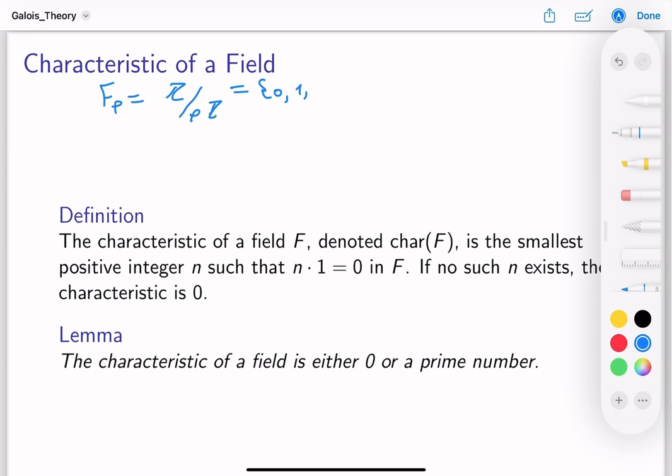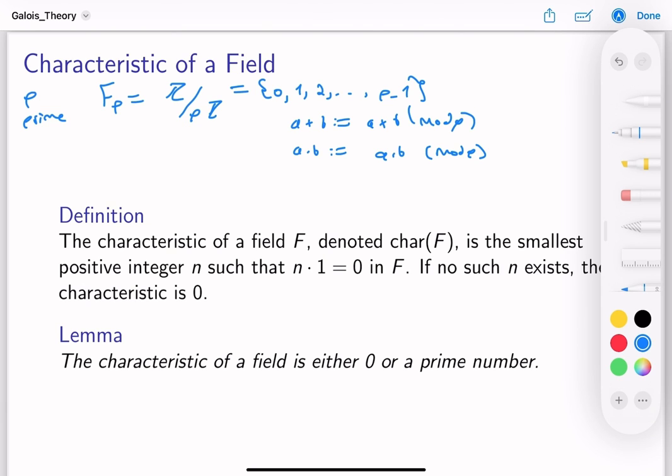If we take p to be prime, this is the field of all numbers that are reduced residues modulo p, and we define addition, I remind you, a plus b to be a plus b mod p, and a dot b equal to a dot b mod p. This field has characteristic p, I claim. So let us see why.